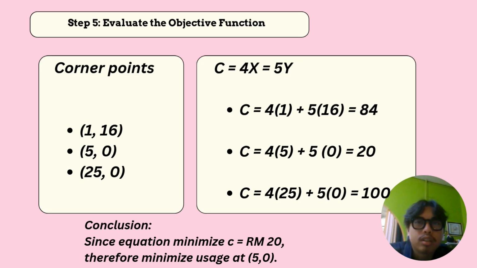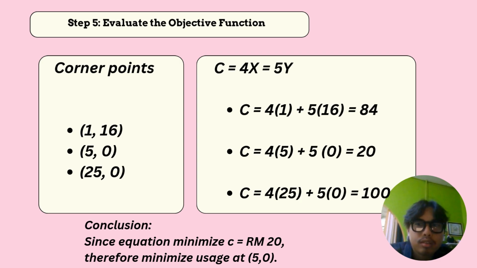The next step is step 5, evaluate the objective function. From this result, we see that the minimum value of C is RM20, which occurs at the point (5, 0), which is the optimal solution for our minimization problem.